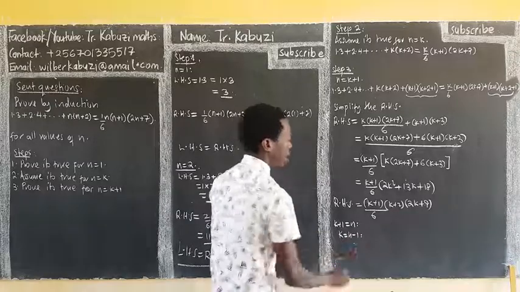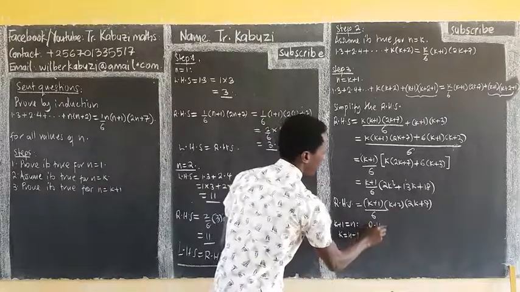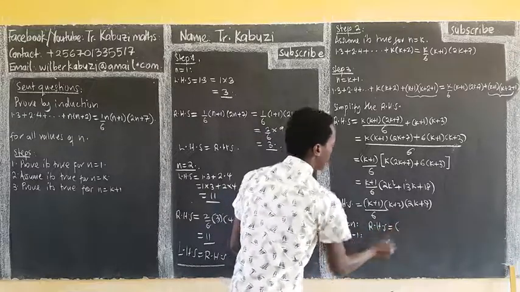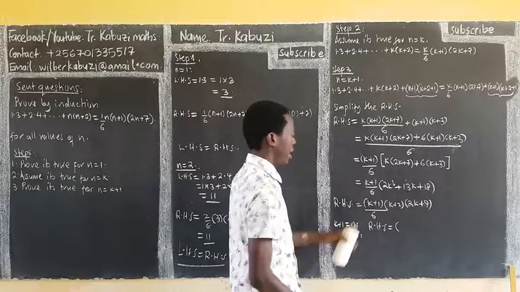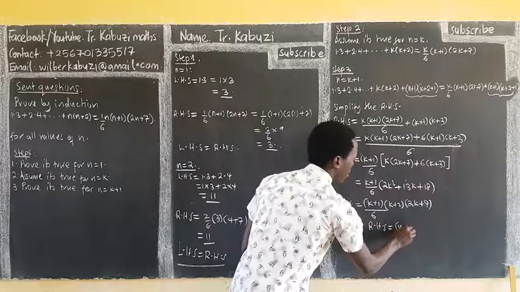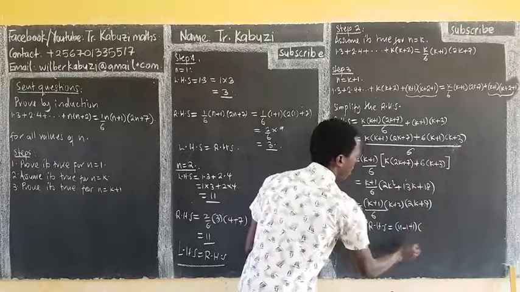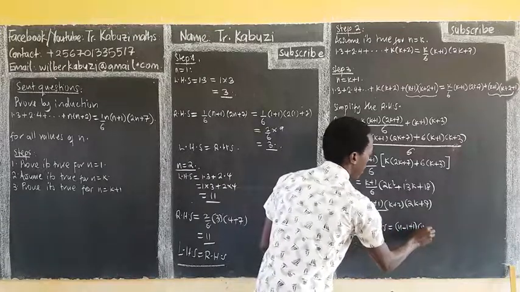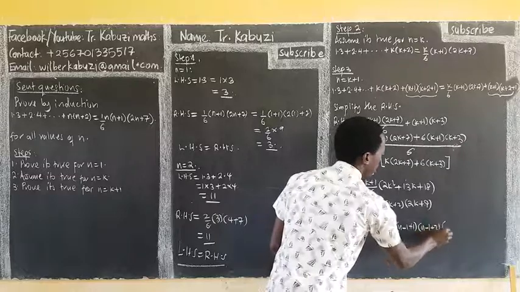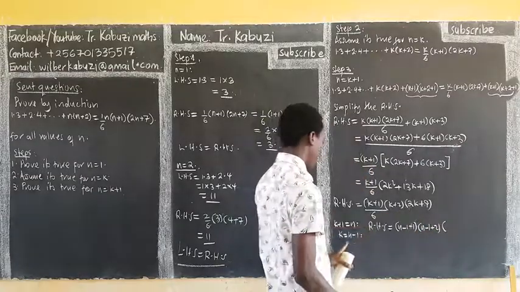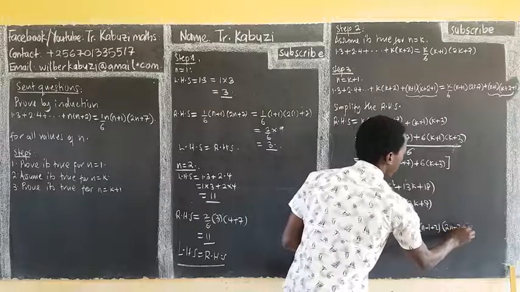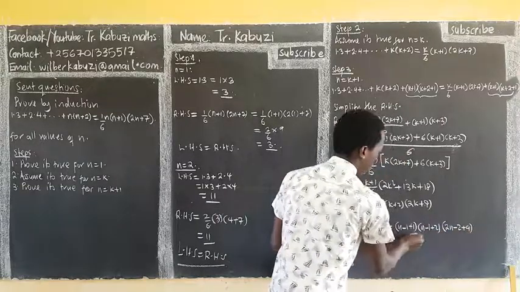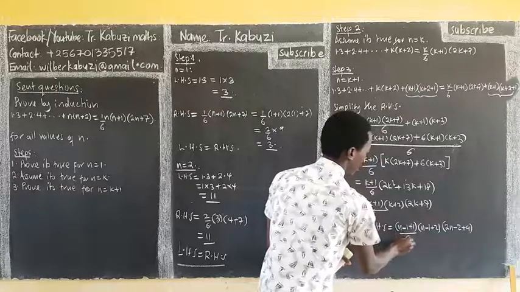So putting in the right hand side, where that is k, we put n minus 1, plus 1, into (n minus 1) plus 2, into, multiply k by 2, we get 2n minus 2 plus 9. The whole of this one was all over 6.